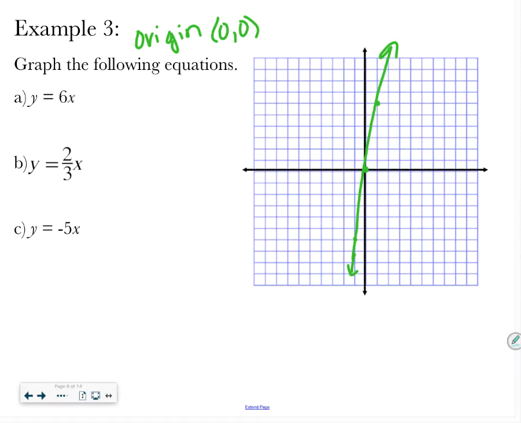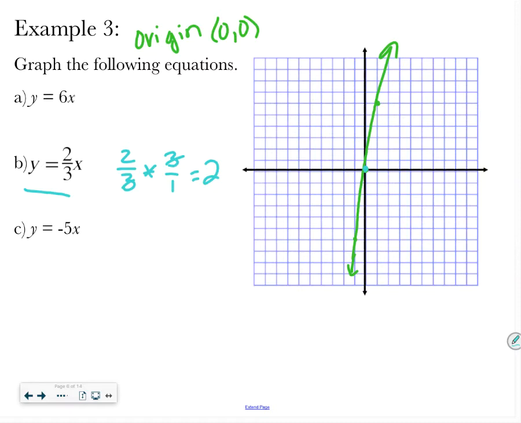Let's look at y equals 2/3 x. Again, we can start at the origin, (0, 0), and if I plug in, let's see, what would be a good number? I know if I multiply 2/3 by 3, my 3's cancel, and I'm left with a nice 2.